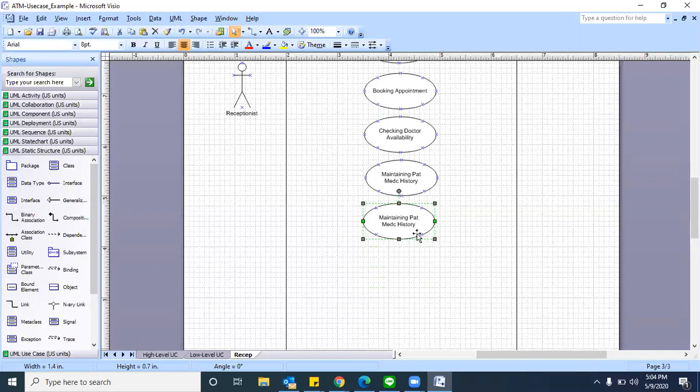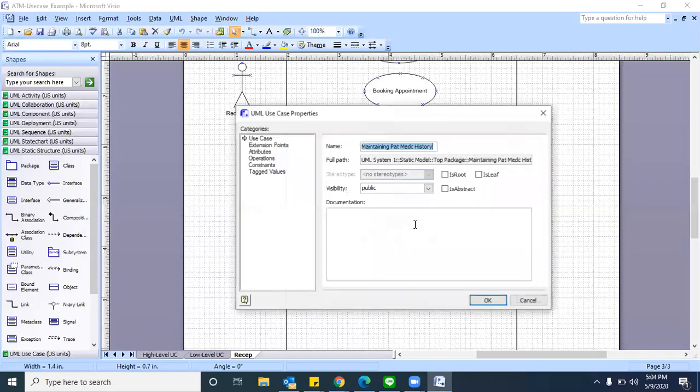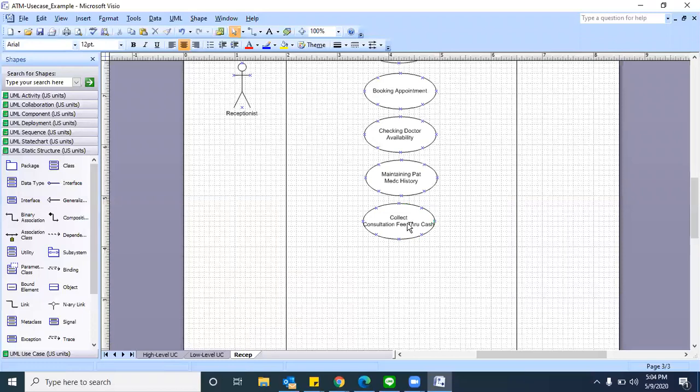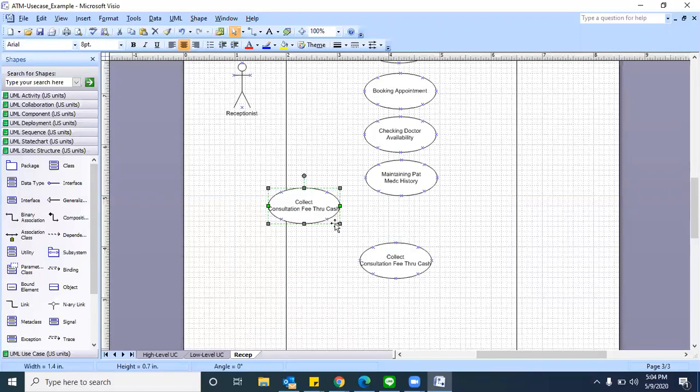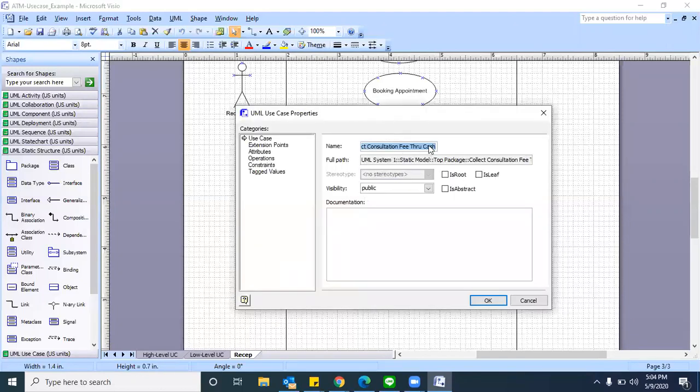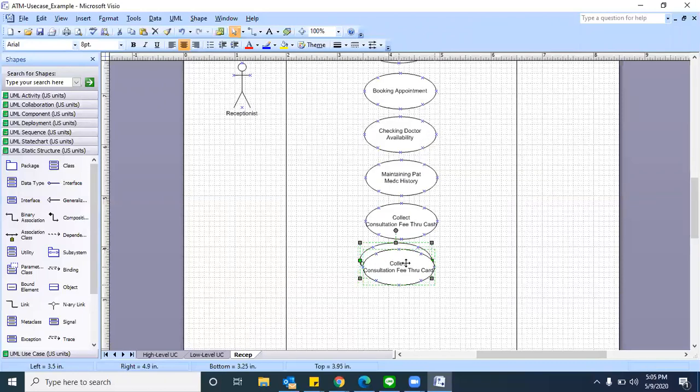Now, collect consultation fee through cash, right? And in a similar way, through card, UPI, wallet.